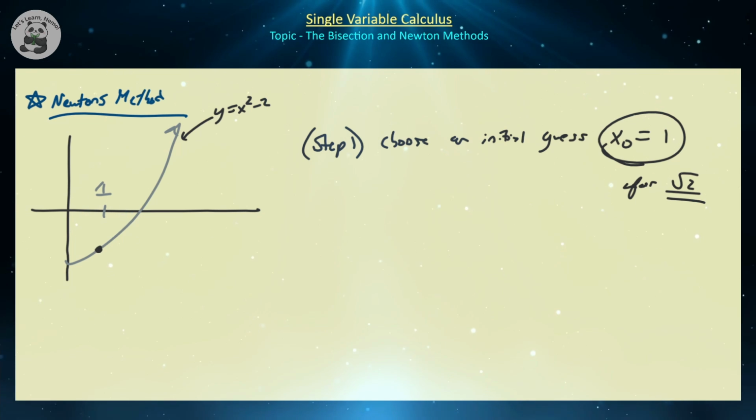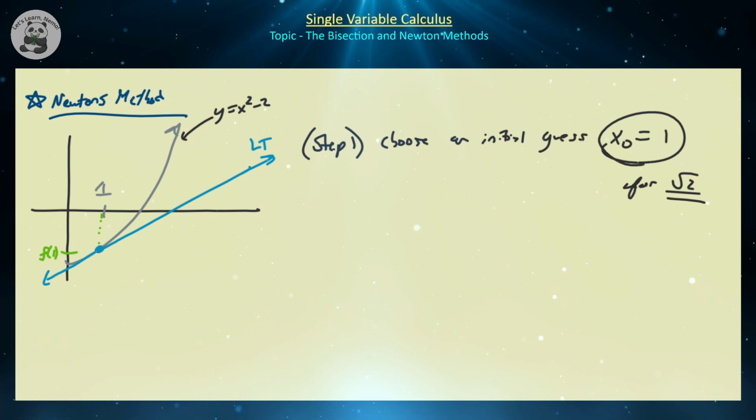So it's around 1 point something. So what Newton's method does is it goes down to f of 1, and it considers the line tangent to the curve at this point. Right, so that's the line tangent to the curve. And the point for which this tangent line intersects the x-axis, that's going to be our next point.